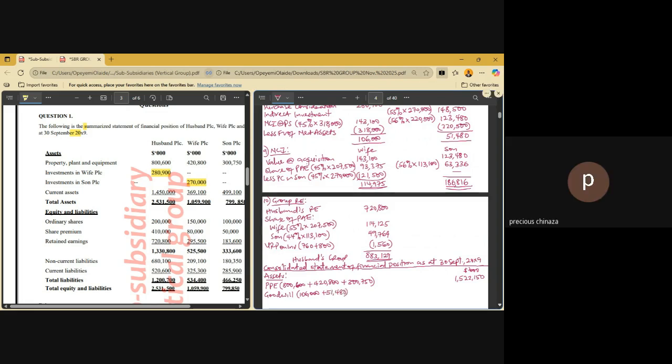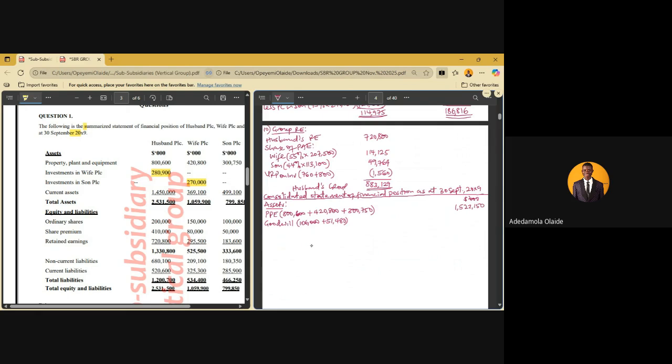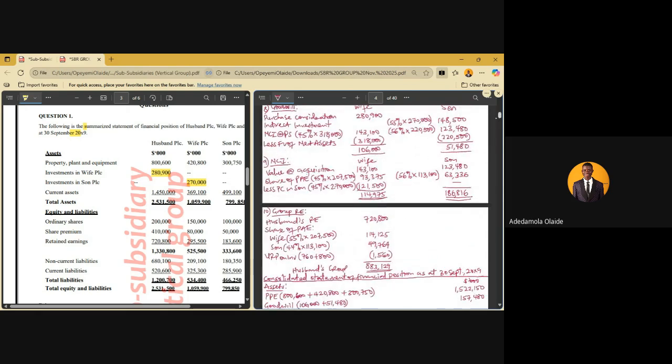I want to ask a question though. Go on. Under note 9, where we calculated the non-controlling interest, the third item there, where we got that 121,500, can you explain? The purchase consideration the subsidiary paid to the sub-subsidiary will be allocated between parent and NCI.